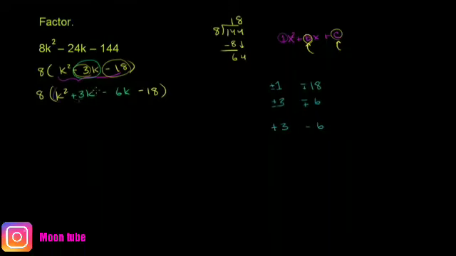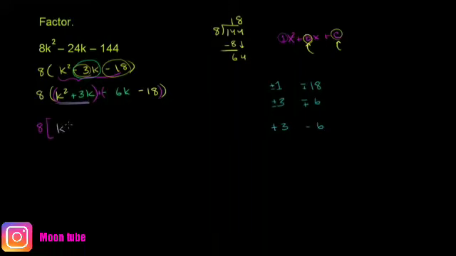We can group these first two terms. They're both divisible by k. And then let's group these second two terms. So then we have 8 times, I'll write brackets here instead of double parentheses. Brackets are really just parentheses that look a little bit more serious. Now let's factor out a k from the first group.